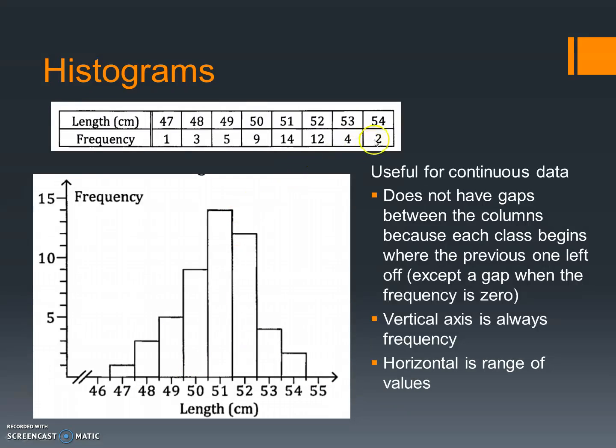So looking at the two babies that were recorded at 54 centimeters, it's saying there are two babies from 53.5 centimeters to 54.5 centimeters, because remember that we rounded to the nearest centimeter. In histograms, the vertical axis is always frequency, and the horizontal axis is the range of values. So for this, it's length in centimeters.